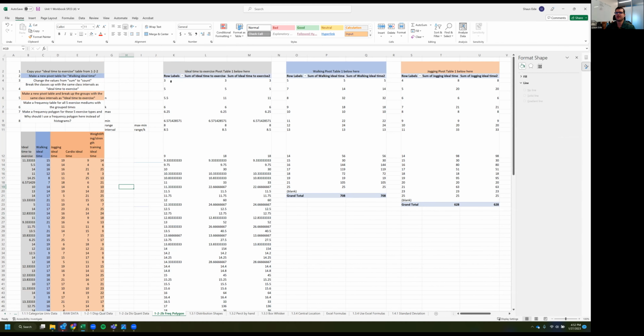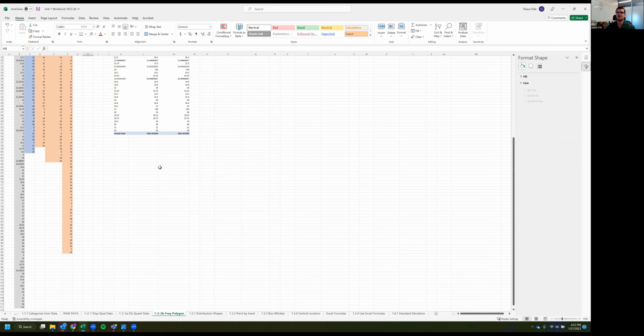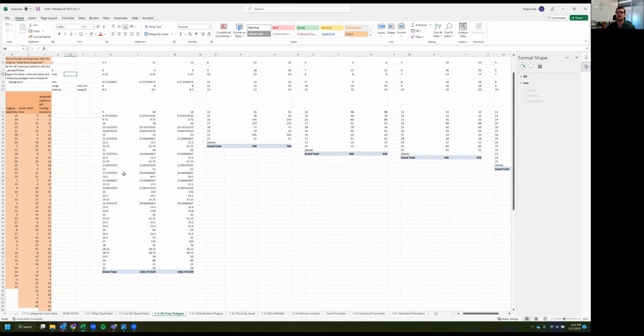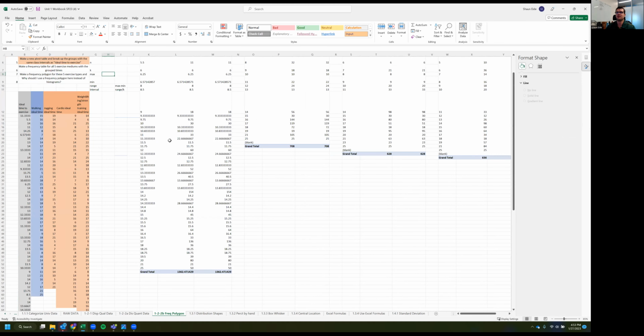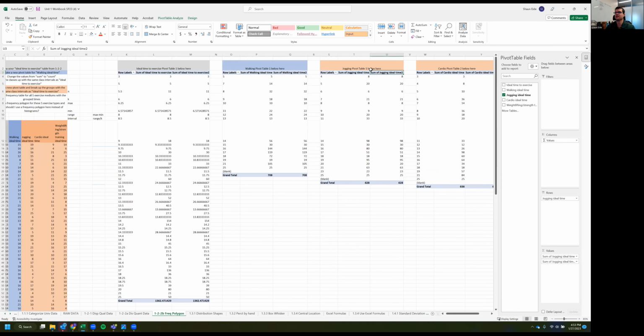So what we're going to do right here is we've got ideal time to exercise, and this one should have had the greatest range, number of observations, which is the one you want to start with. And you notice, just like with the previous lecture, these all start with sum. We don't want sum. We want count for all of these.